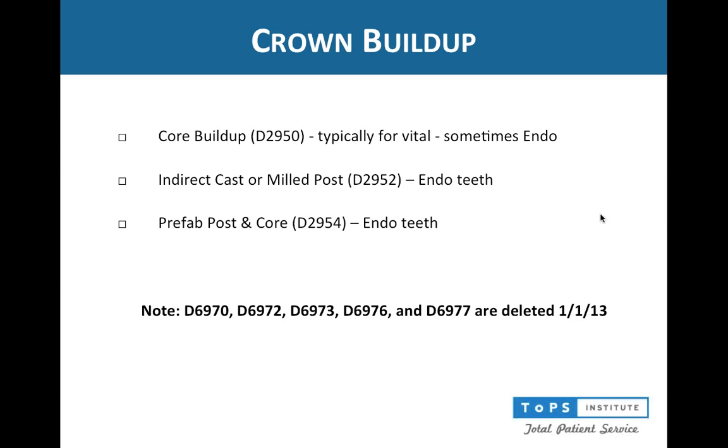And we're finding that if you've done a root canal on someone and you need to do a post and prefab core, your reimbursement for your procedure is far greater for a tooth that's had an endodontic procedure. So use that 2954 code if you'd like, or the indirect cast or milled post, the 2952.